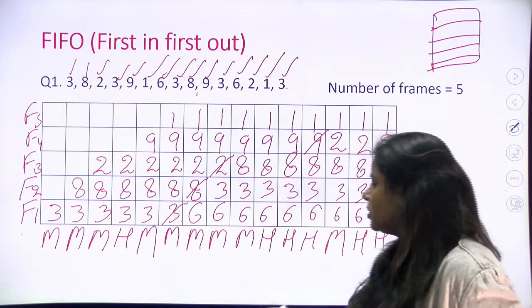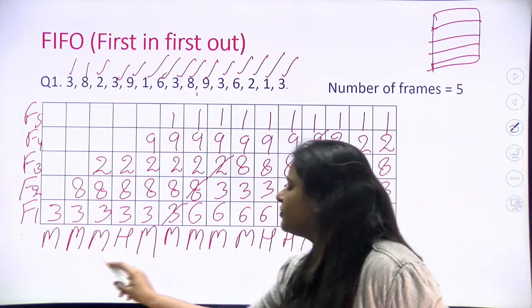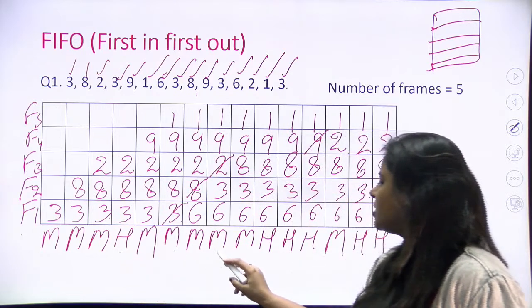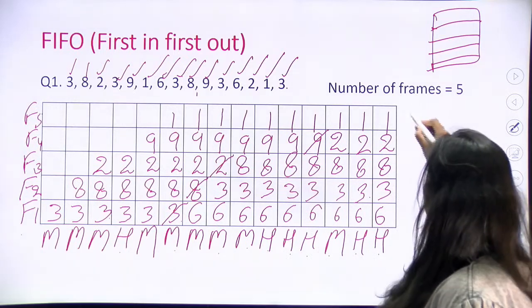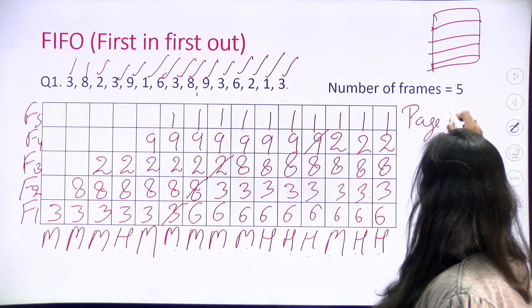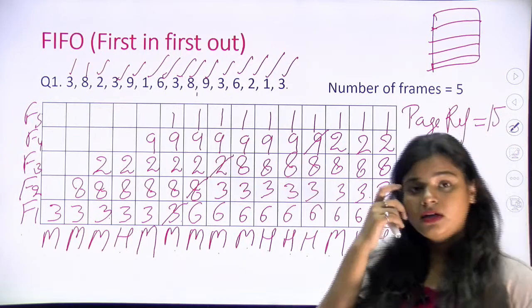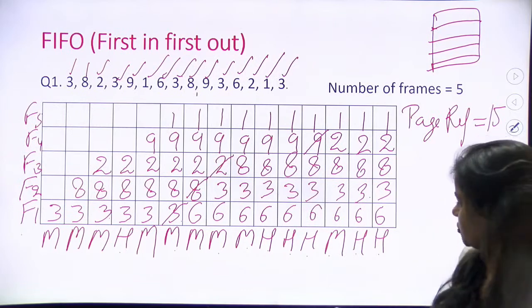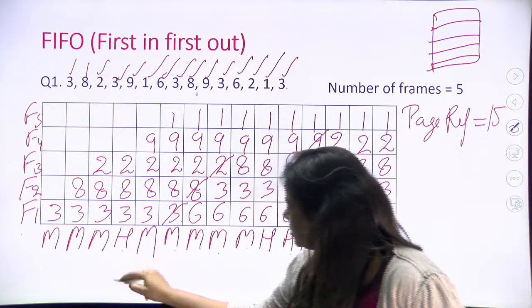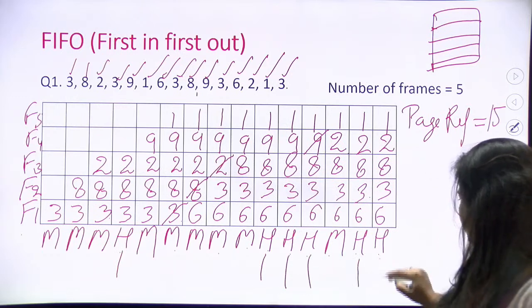So let's count. Total number of references, first we will count. 1, 2, 3, 4, 5, 6, 7, 8, 9, 10, 11, 12, 13, 14, 15. So total page references are 15, and page hits are 1, 2, 3, 4, 5, 6.